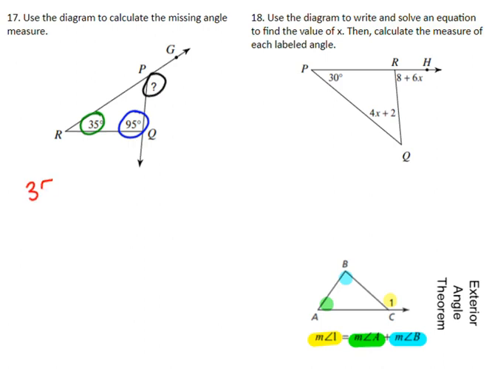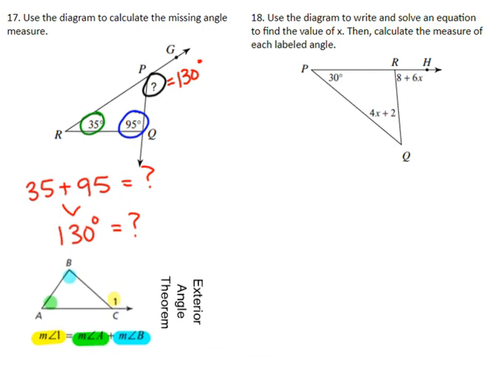So 35 plus 95 equals that value. They didn't put a variable, so I'm just going to keep their question mark. And when you add up those two numbers, you get 130 degrees equals that value that we don't know.